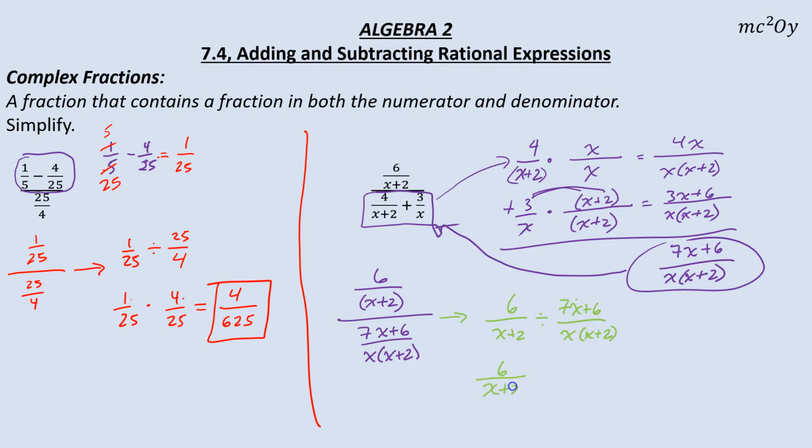So it's 6 over x plus 2 times x plus 2 over 7x plus 6. And these cancel. So I'm left with 6x over 7x plus 6. And remember, I didn't need a common denominator there because I'm multiplying. And you should always try to factor, but I can't factor the bottom into anything, so I am now done.